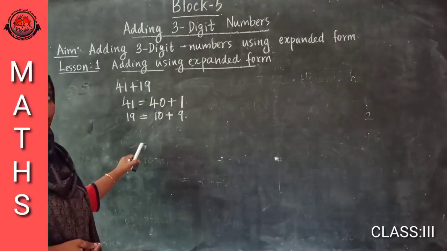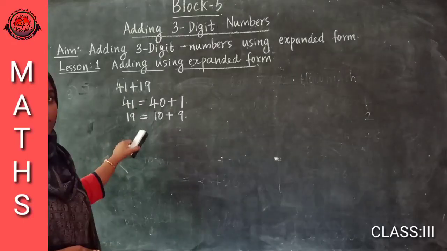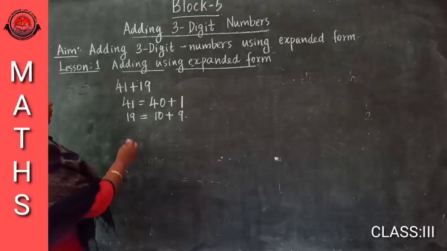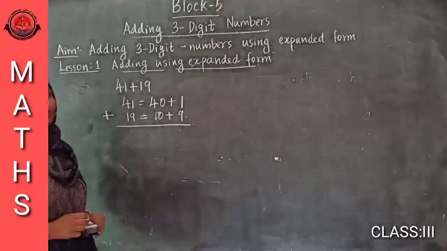This we learned before in our last block, adding 2-digit numbers using expanded form. Then add these two numbers.